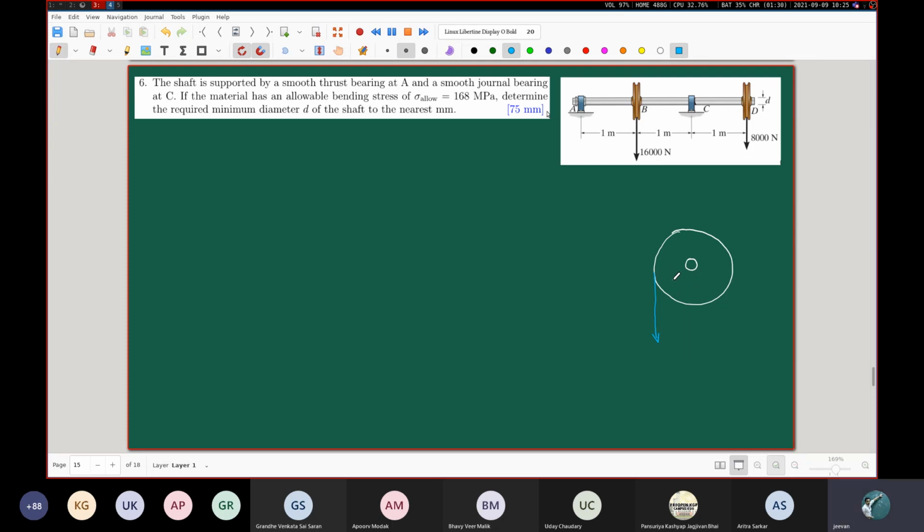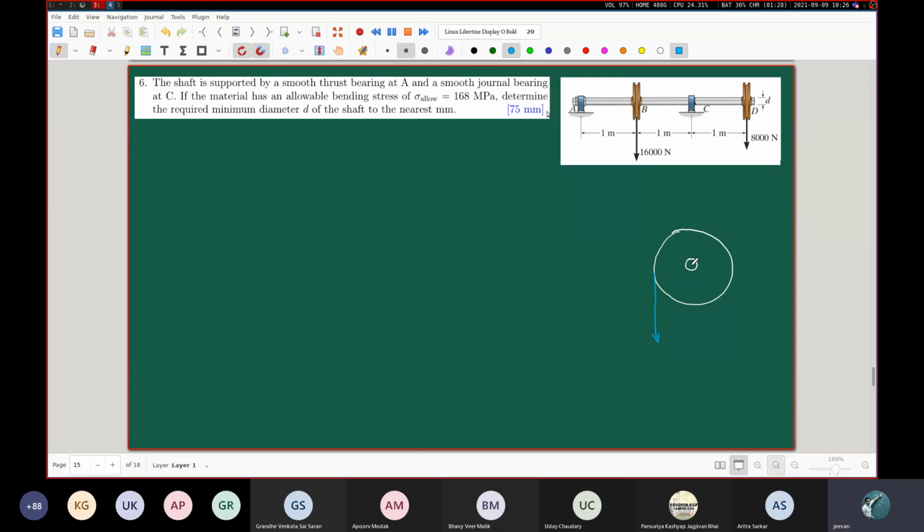Now, if such a thing happens, you can immediately understand that there will be a torque which will be exerted on this shaft, meaning that overall, while it is certainly true that this downward pointing force will also be transmitted as the same kind of downward pointing force for this shaft, at the same time, it would be wrong for us to not at least think about the possibility that there may be some kind of an extra torsion that is being exerted here.